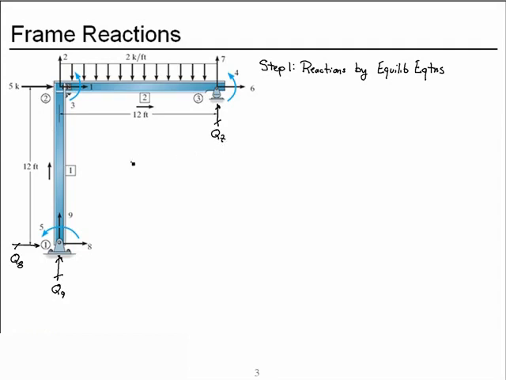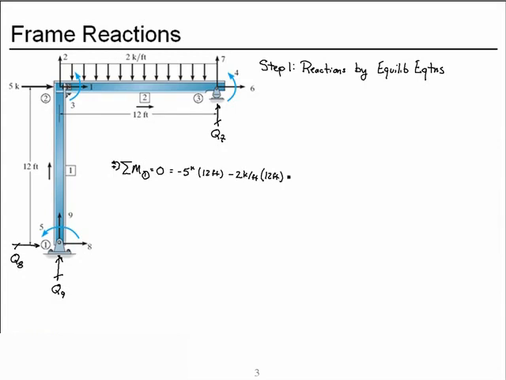Let's begin by summing moments about node 1. I'll choose counterclockwise as positive. I get a negative contribution from the concentrated force, 5 kips. That acts through 12 feet, this height. I get a negative contribution from the distributed load acting over 12 feet.